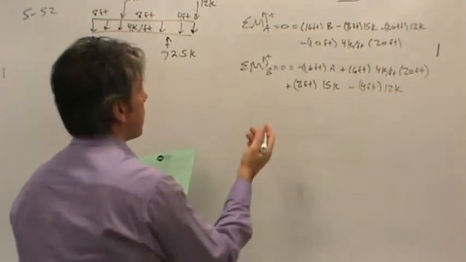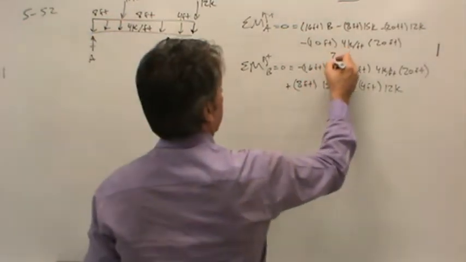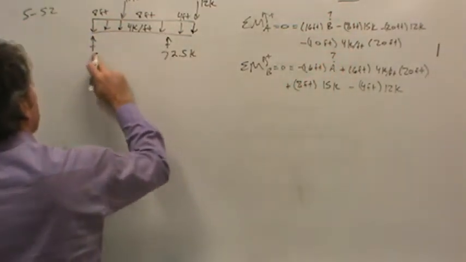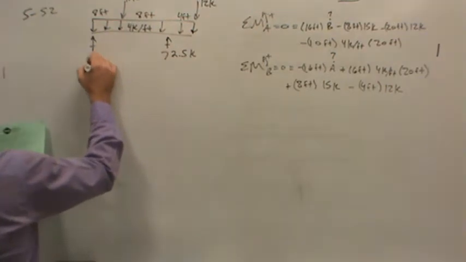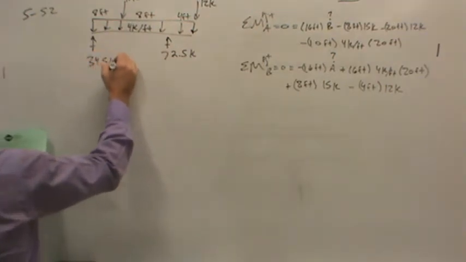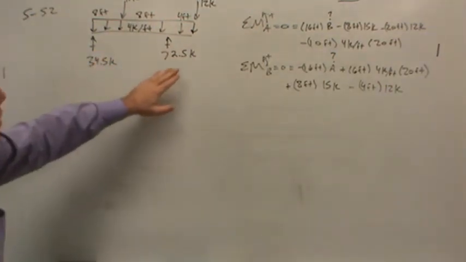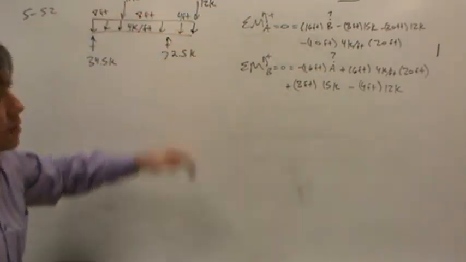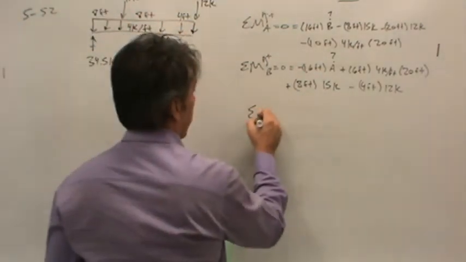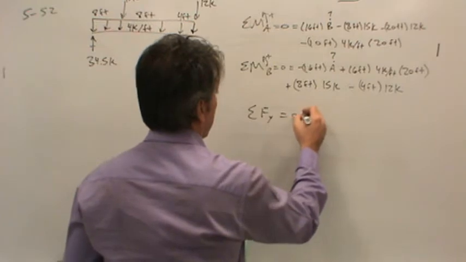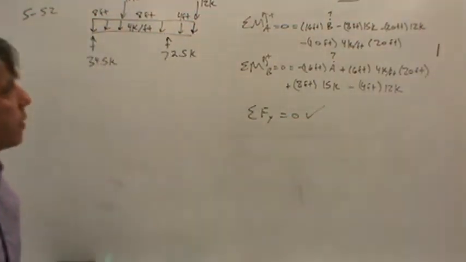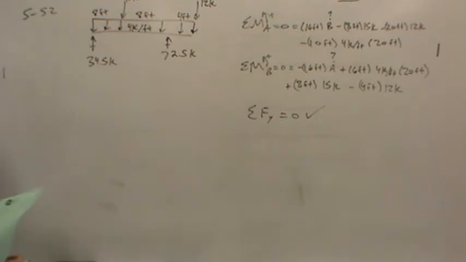So solving for the reaction at A, which is the only unknown in the second moment equation, you'll find that it's 34.5 kips. Now if you add 34.5 to 72.5, you'll find that balances the load. So summing forces in the y direction, you find it is in fact 0 with these reactions. So we're certain that we have a correct solution here.